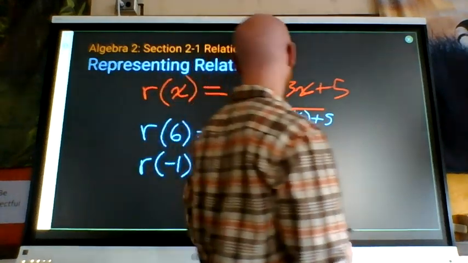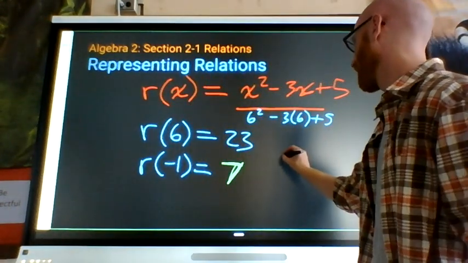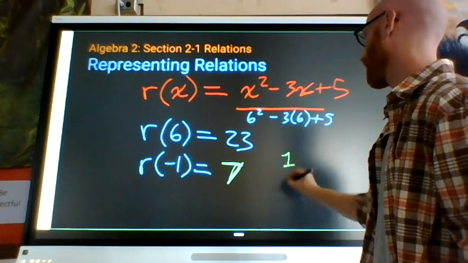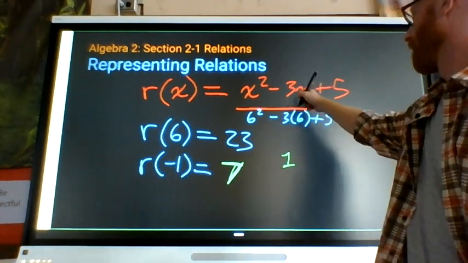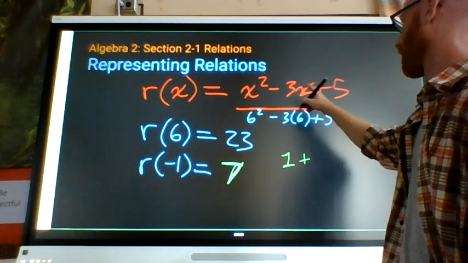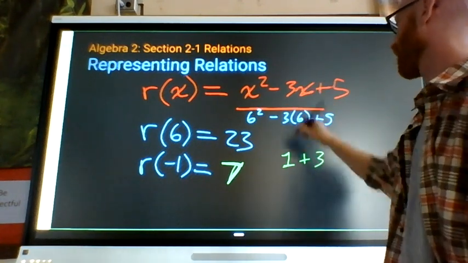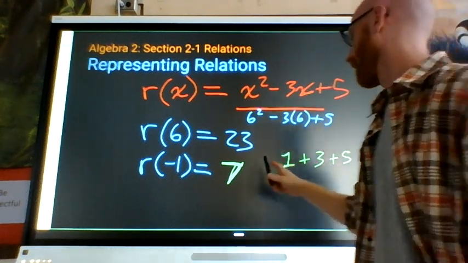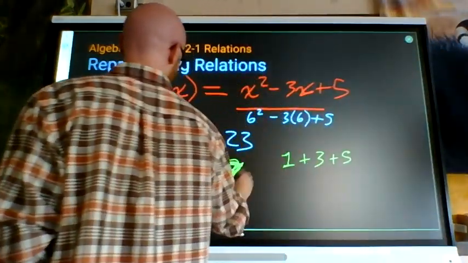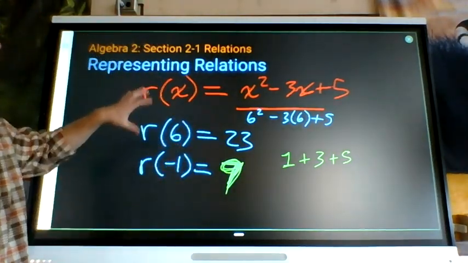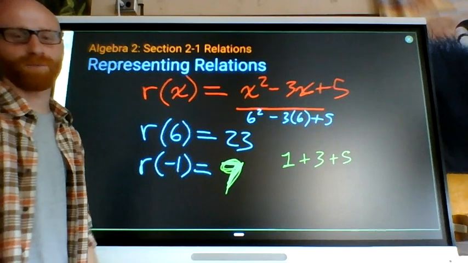Double checking: negative 1 squared is negative 1 times negative 1. That's positive 1. Ooh, I think I messed up. Minus 3 times negative 1, that is positive 3. Plus 3, plus 5. So you should come out with something like 9. Anyway, those are different representations of relations.